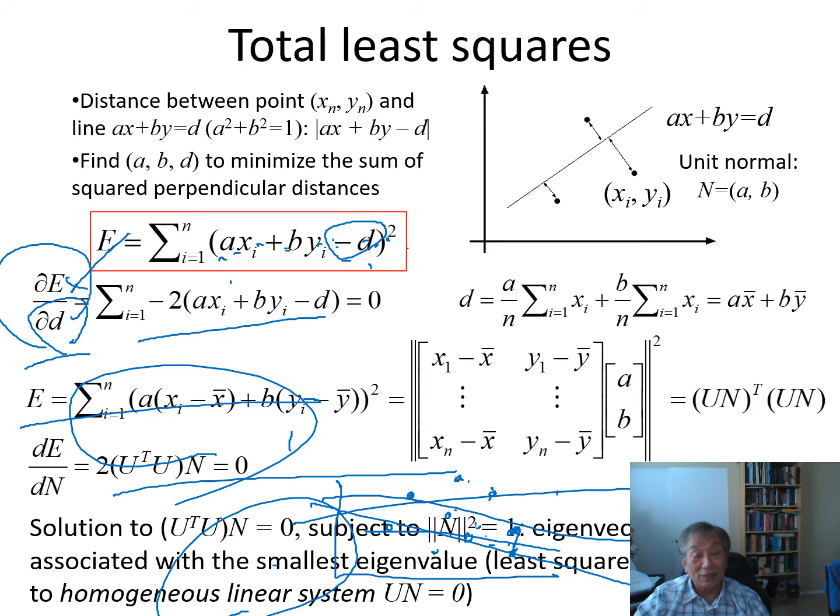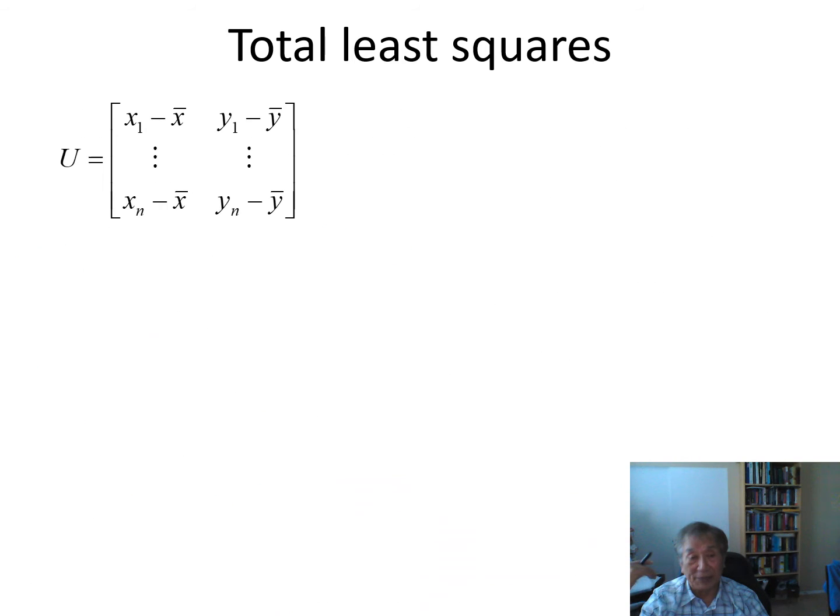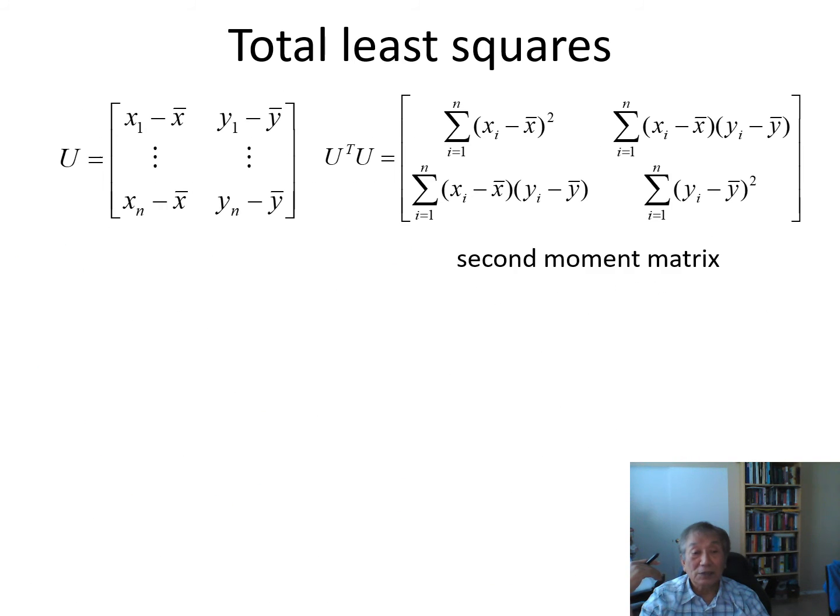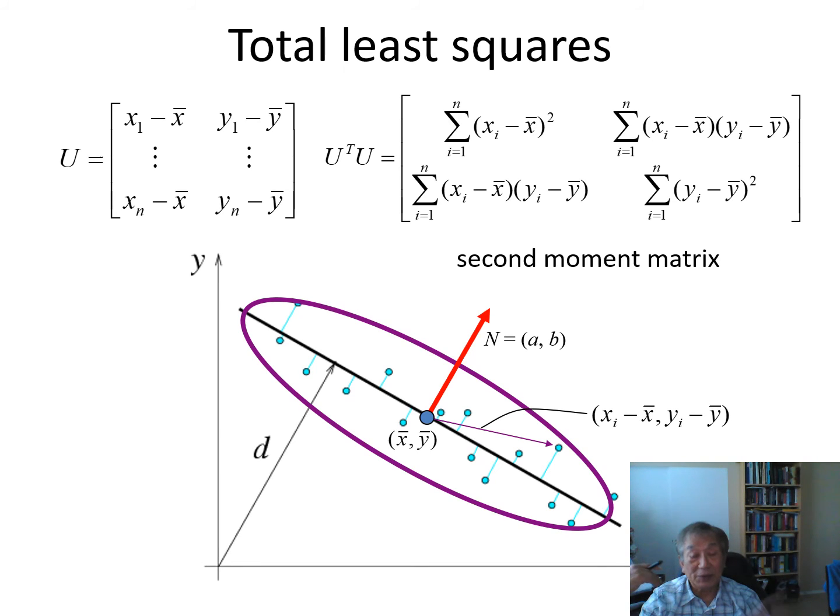So this solution eventually goes with the eigenvalues and eigenvectors. Using those eigenvalues and eigenvectors, you can get the solution to the least square method. So the total least square method is much like principal components, and you do dot products, and you know which way the vector is and the distance from the center to any straight line.